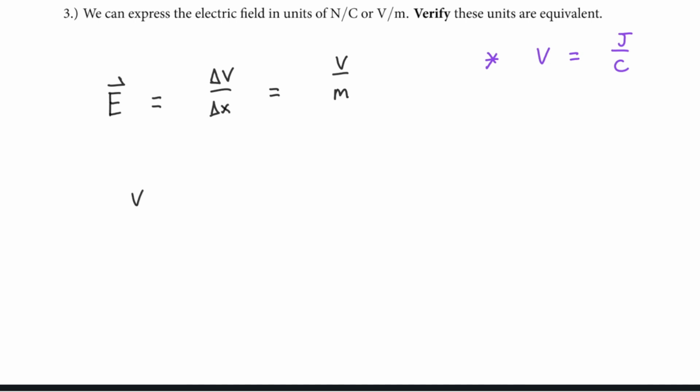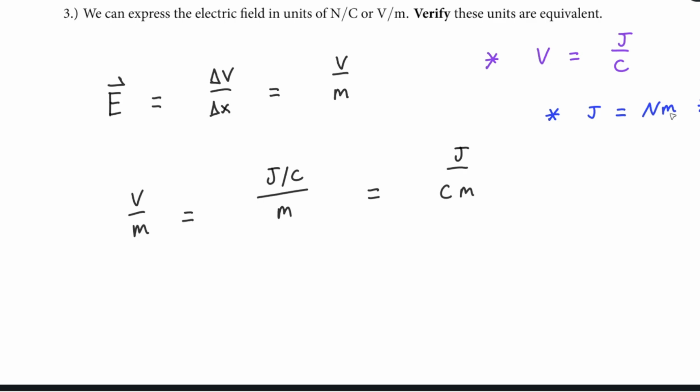So this means that a volt per meter is equal to a joule per coulomb per meter, which is equal to a joule per coulomb times meter. But then also remember that from mechanics, or just the definition of a joule, a joule, which you can generate by doing work, is a newton times a meter, because work is force times distance.